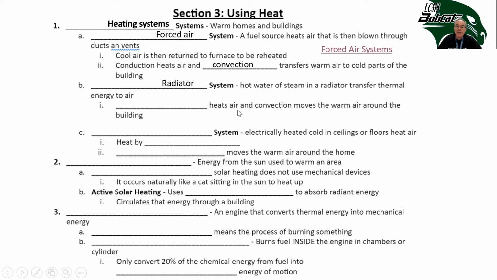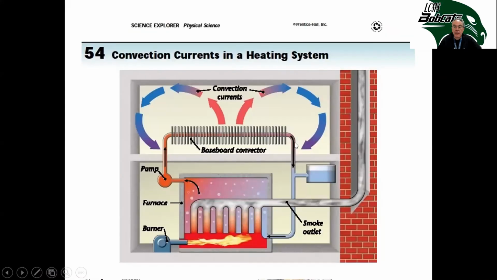The next kind of system is called a radiator, and it does exactly what it says. It radiates energy. The air is heated through radiation or conduction as the air touches the hot radiator, and then convection currents move the warm air around the building. Okay, we took a look at this when we looked at convection currents, but here it is again.